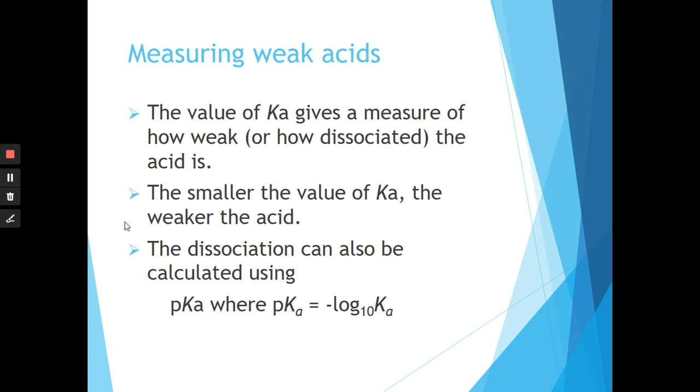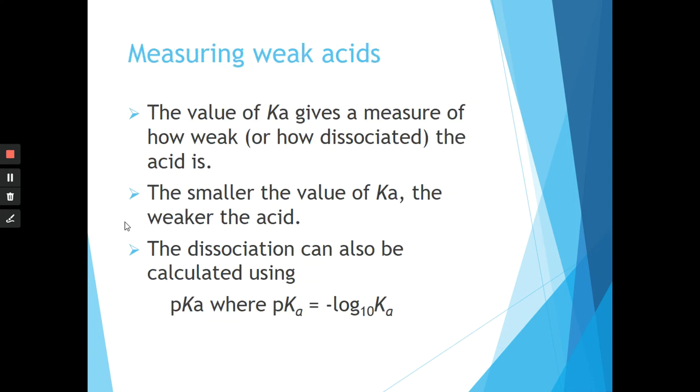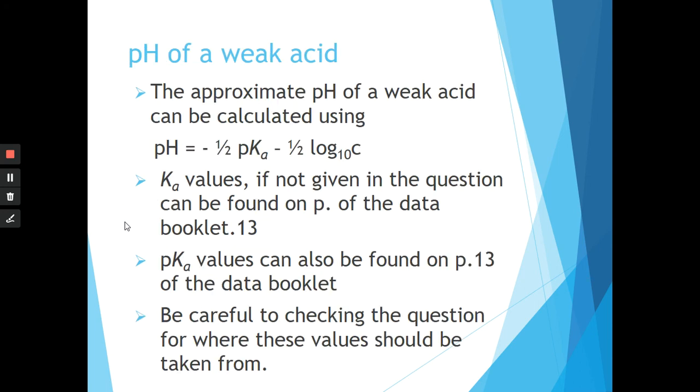pKa is just the negative log of Ka, of the dissociation constant of the acid. We can use this information to work out the approximate pH of a weak acid. So at the moment we've said pKa is the negative log of Ka, and we can take this a step further and use our Ka and our pKa to work out the approximate pH.